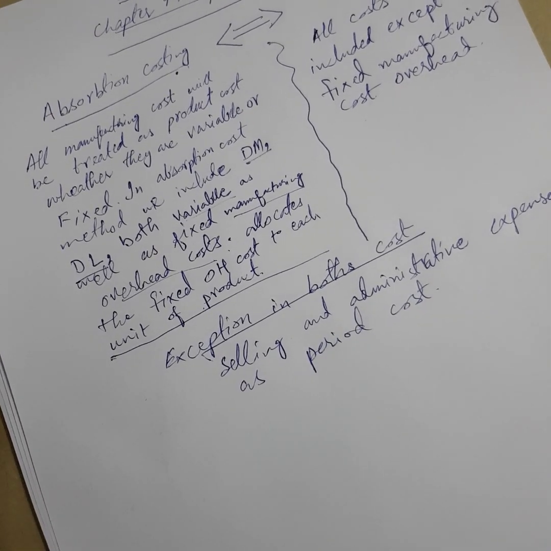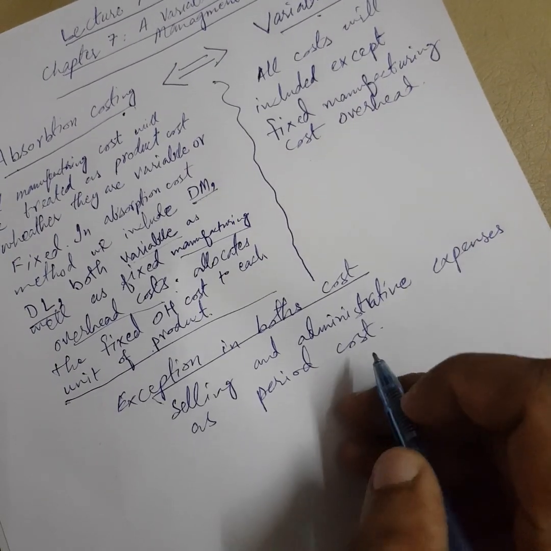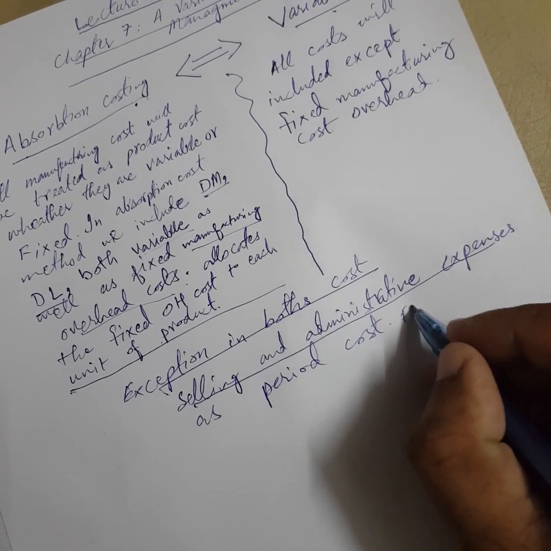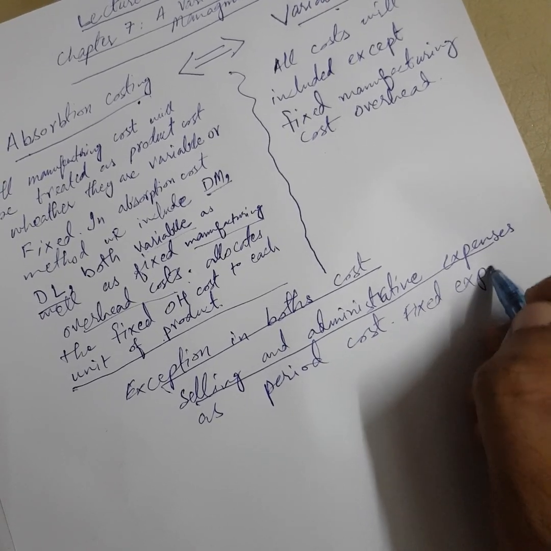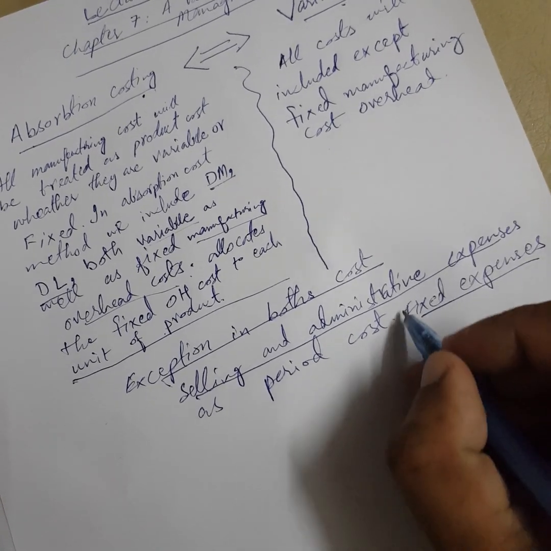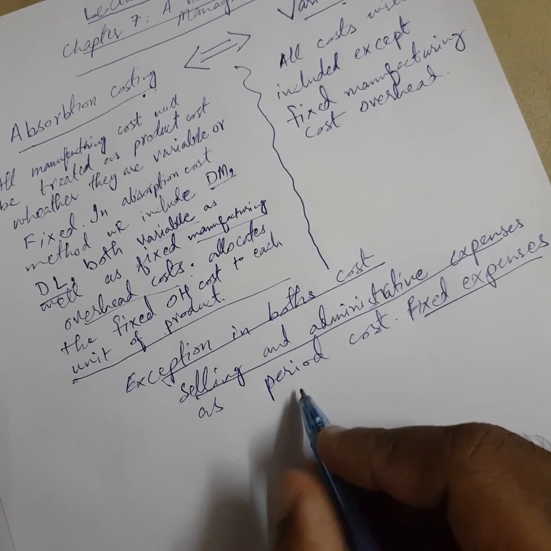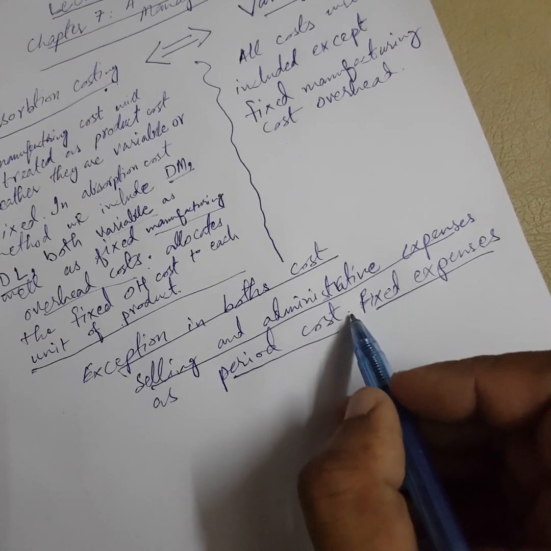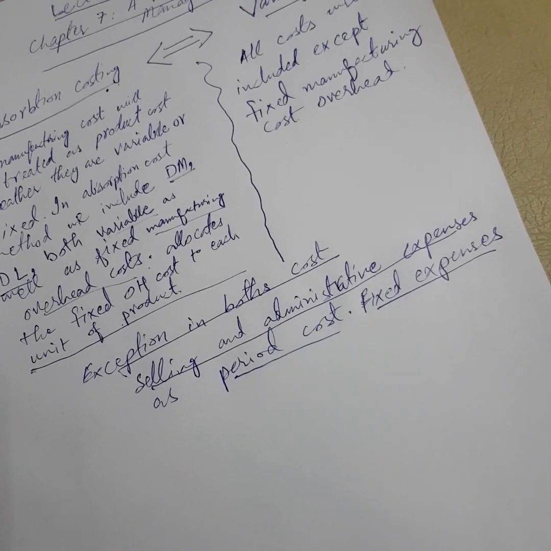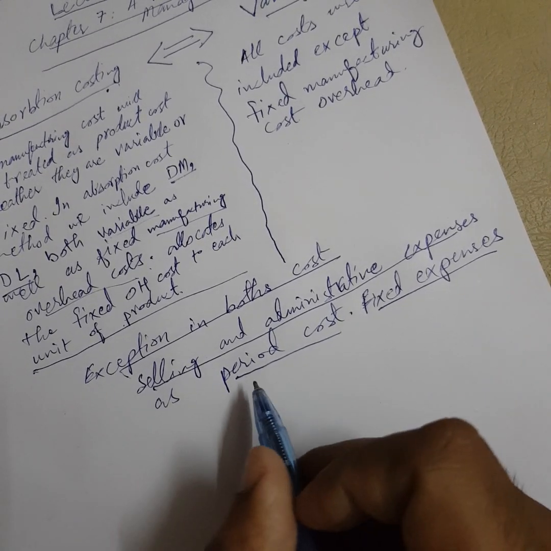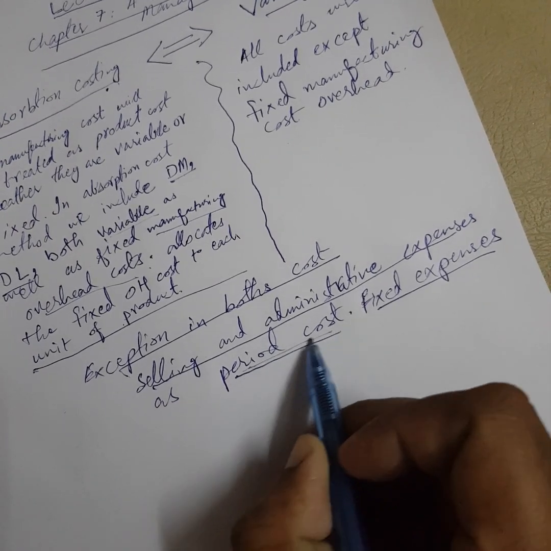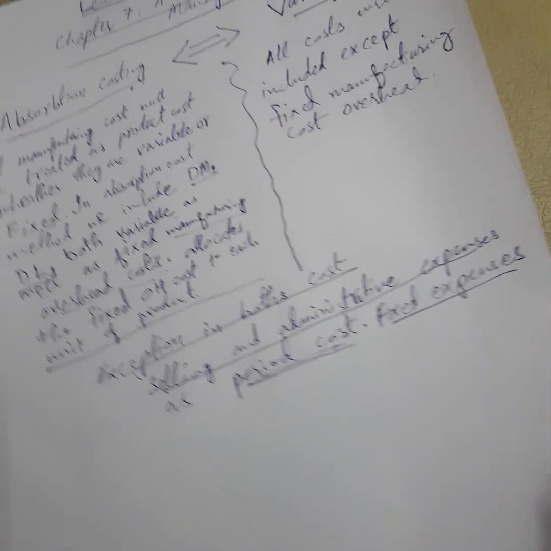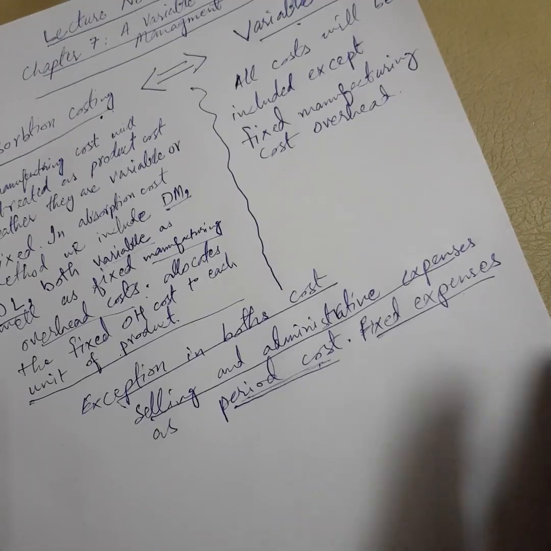With this statement, the question arises in your mind that we call selling and administrative expenses fixed expenses, so why are we not treating them as product cost, but saying that they are period cost? The main reason, as we discussed in earlier chapters, is that this cost is not part of the product, it is a cost for the product. But these are very fixed expenses as compared to it.